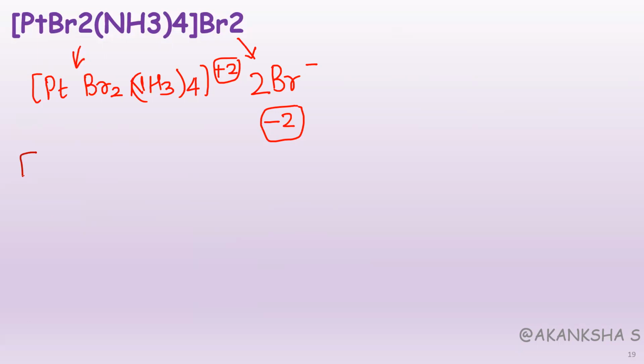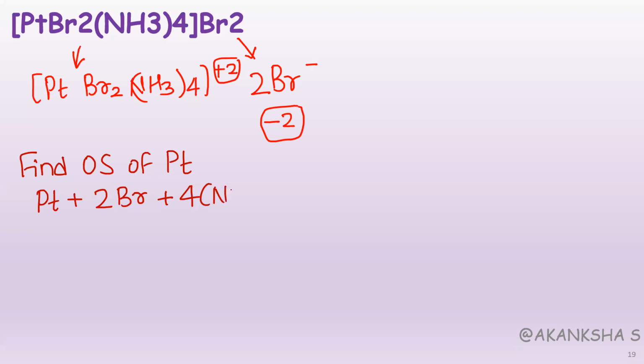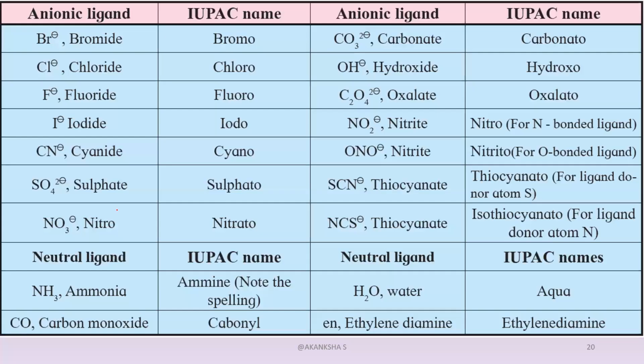Step number 1 would be finding oxidation state of Pt. Pt is what? Physical training? No, platinum, right? We have 1 platinum plus 2 bromines, Brs plus 4 NH3s. And we have a positively charged complex, so +2. Pt, let's see, we need bromine and NH3, right? -1 charge on bromine.